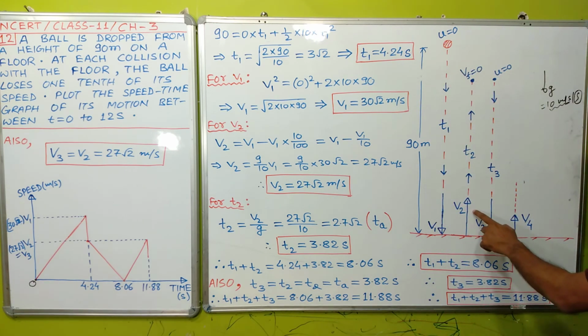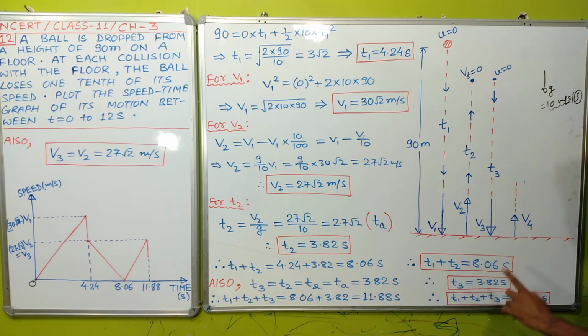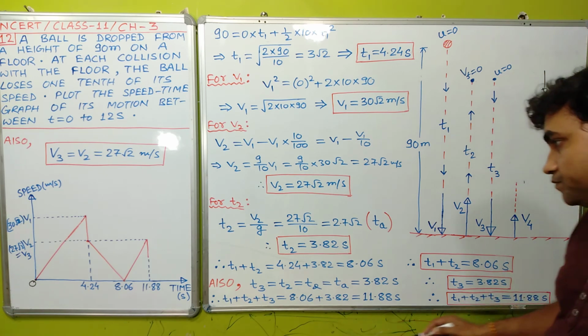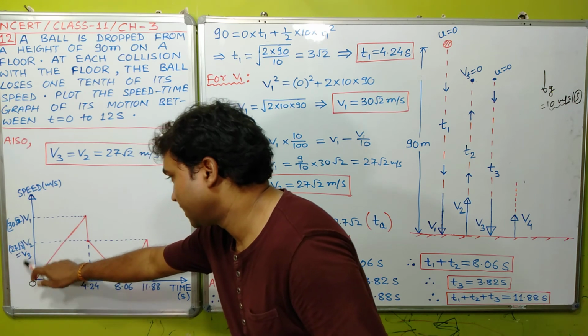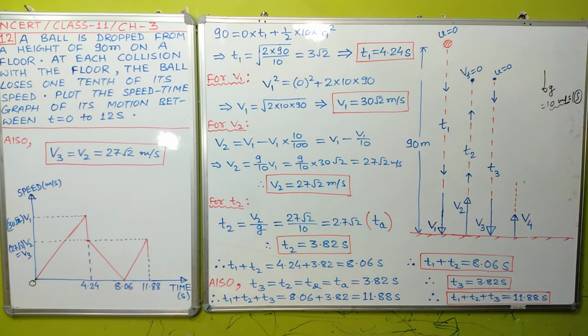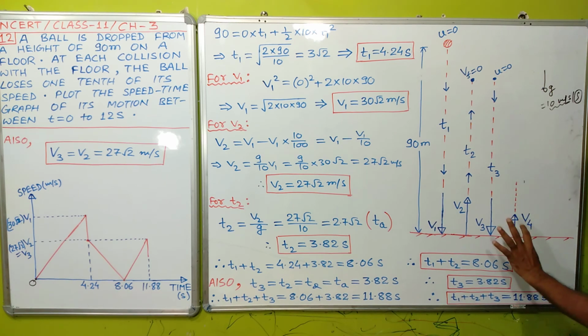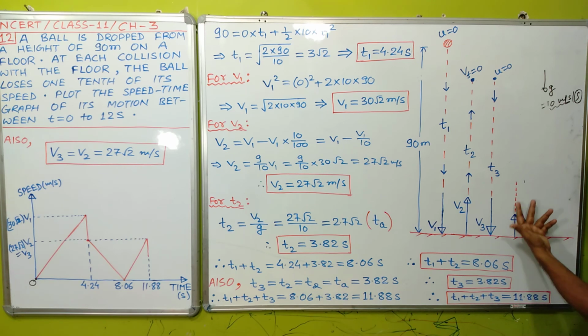So the values of v2 and v3 will be equal. Always remember. This is written here, and finally v3 and v2 are equal, and according to the question its speed will again decrease to some speed, let's say v4, and it will start to go in the upward direction.